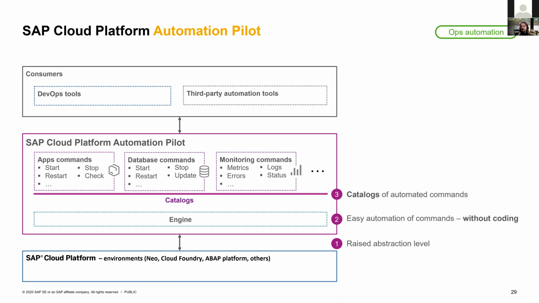You can use that as a toolbox and build together your corresponding automated commands, and come up with extended and shared catalogs. You can also bring in your own scripts that you might already have. And we have a direct integration with a lot of our tools around DevOps and also into third-party tools, like Chef Automation and so on.